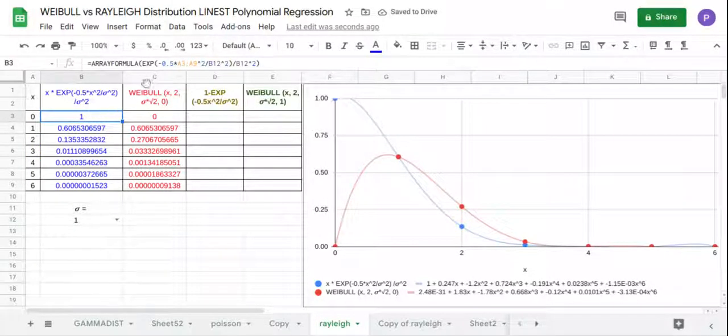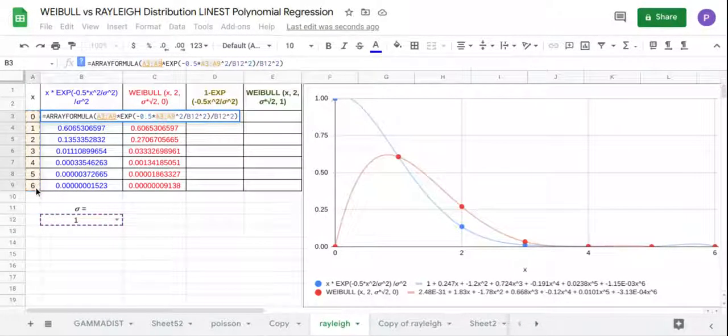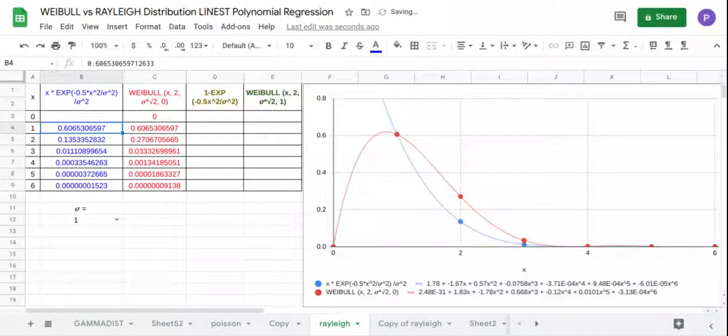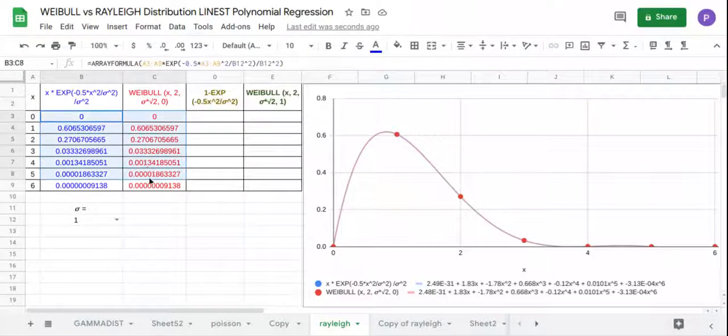And finally, multiply by the x squared values. Now they're all on the same trend line, their data sets are the same, and their polynomials are exactly the same.